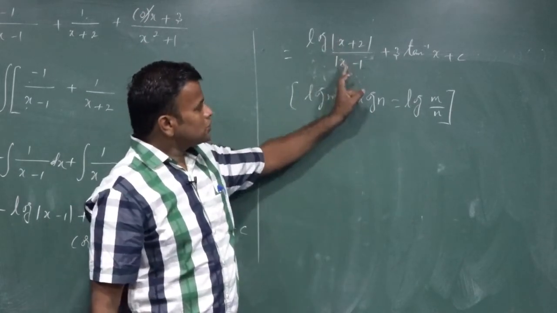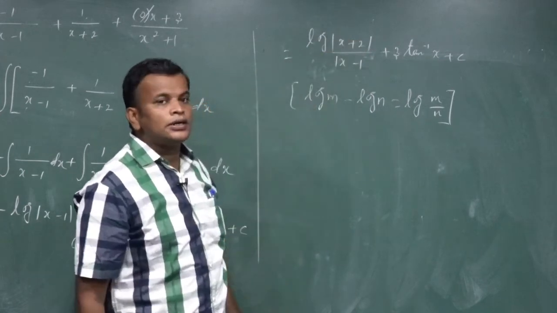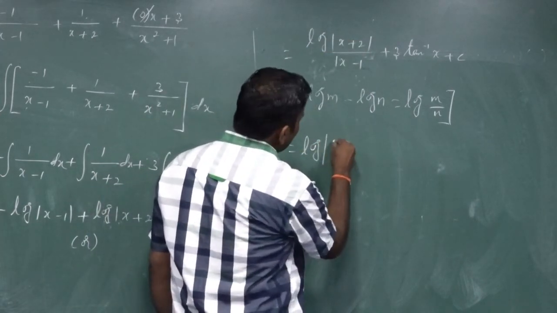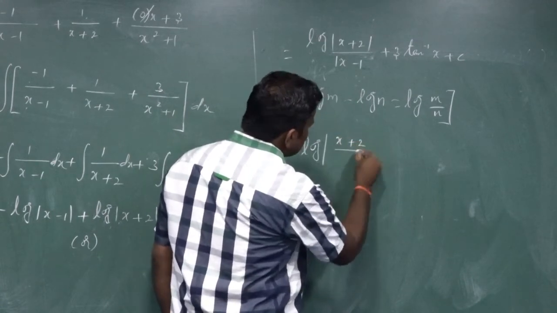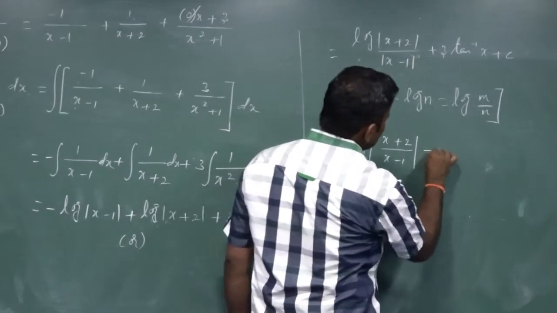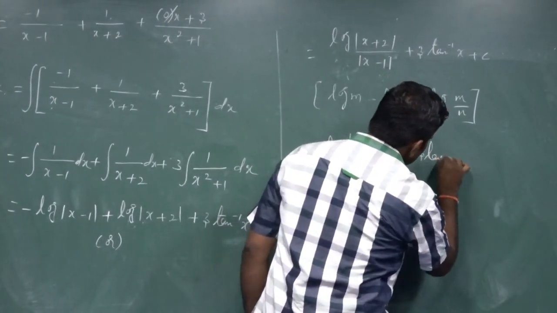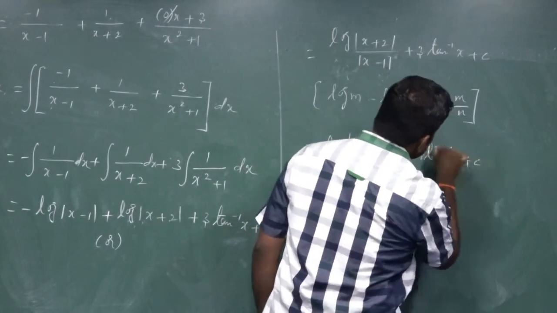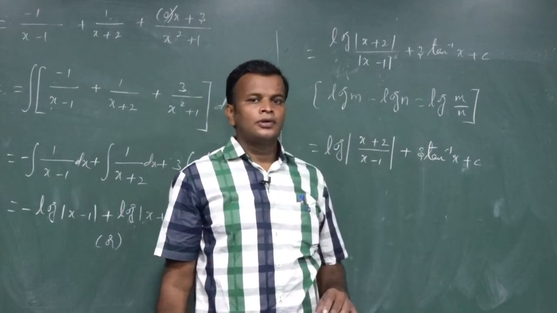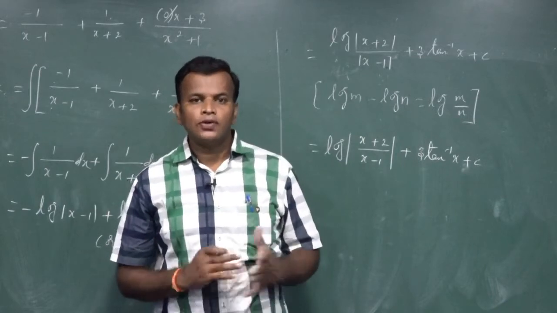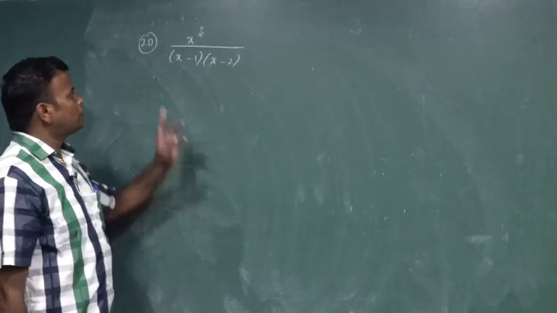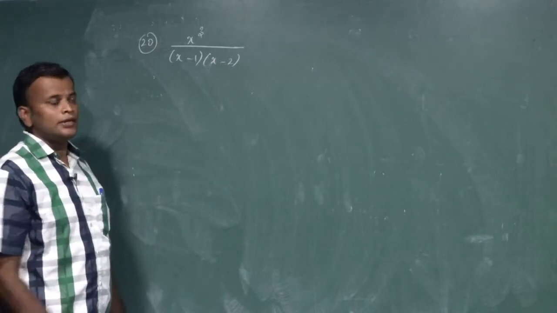You see the modulus is common in both the numerator and denominator, so we write it only once: log of modulus x plus 2 divided by x minus 1, plus 3 tan inverse of x plus c. Actually it is a big sum, but you know all the concepts and also the formula. The sum is very easy to derive. Okay, now we move to the next sum, 20.